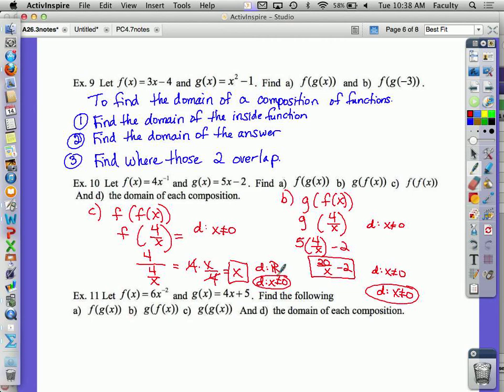All right, example 11. f of x equals 6x to the negative 2. I don't like the way that's written, so I'm going to rewrite this as f of x equals 6 over x squared. g of x is 4x plus 5. Letter A says find f of g of x.